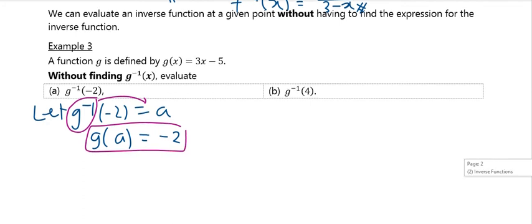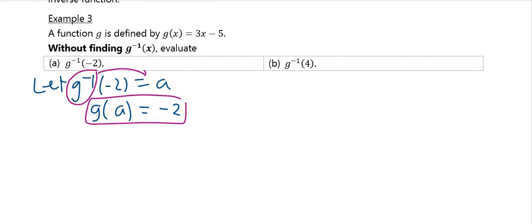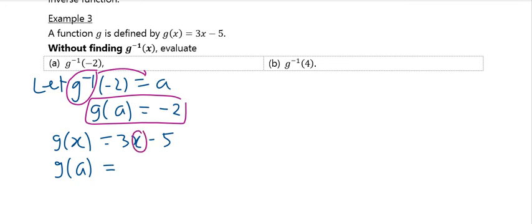Now, let's use what you are given here. So g(x) equals 3x minus 5. Next, when you put x equals a, g(a) equals 3 times a minus 5.